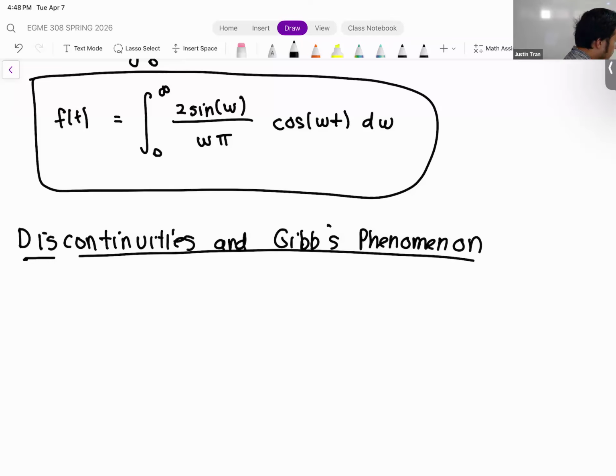Okay, so this applies to both Fourier series and the Fourier transform. We're just naturally going to be looking at functions that have a lot of discontinuities. Okay?